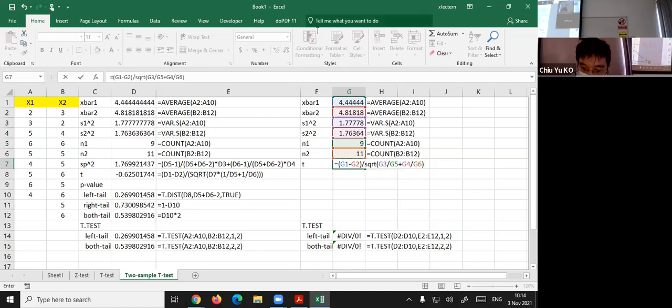Why this formula? Just to remind you, T is this.